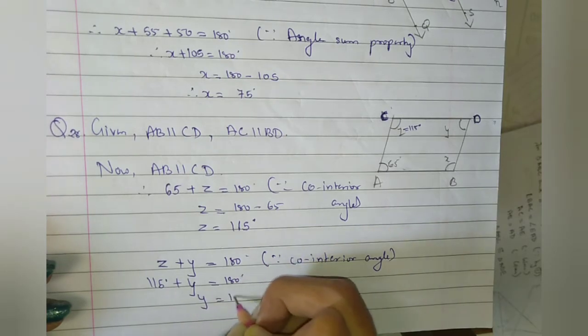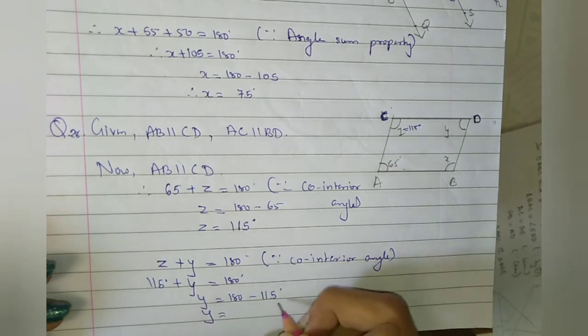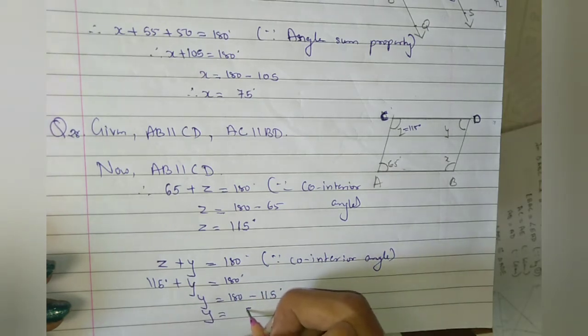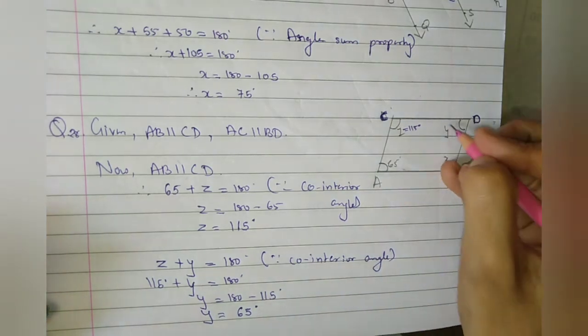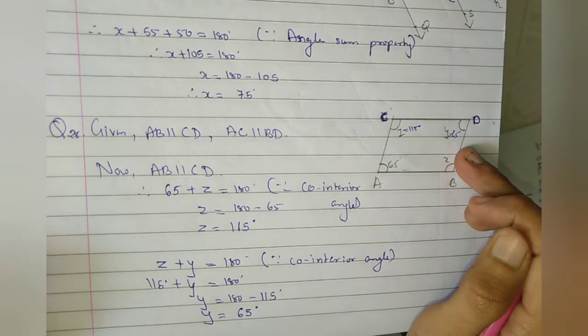So Y equals 180 minus 115. So Y is 65 degrees. Now Y is 65.